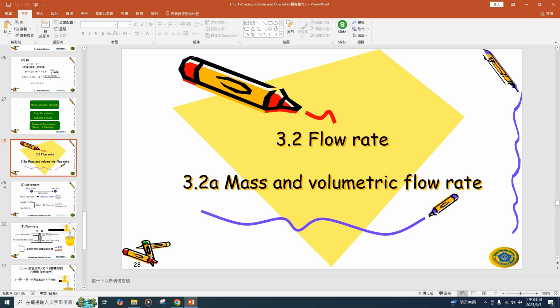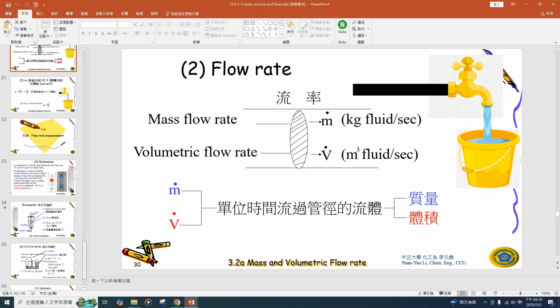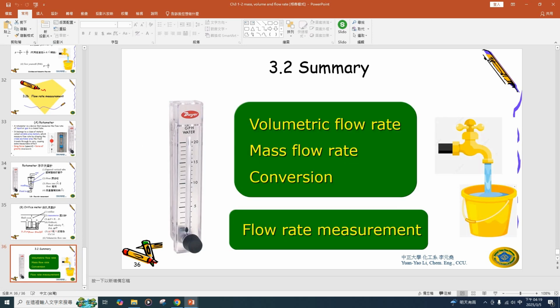There are two flow rates you need to learn: one is called mass flow rate, and one is the volumetric flow rate.